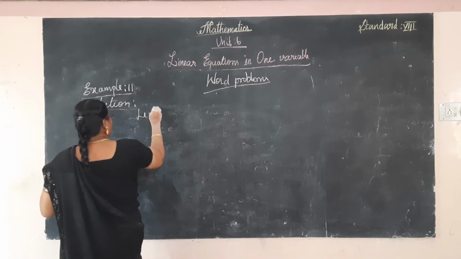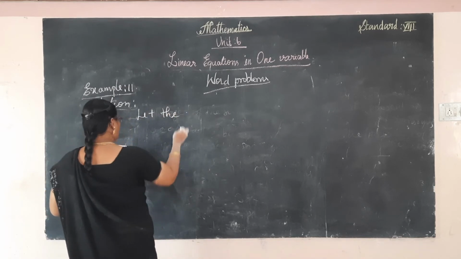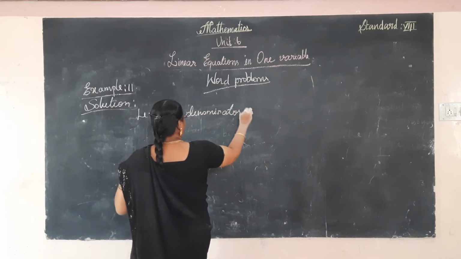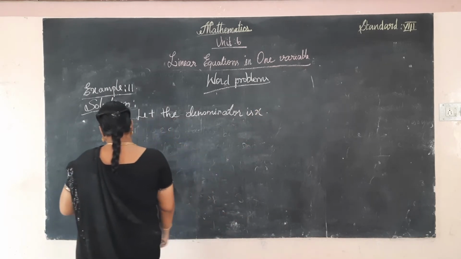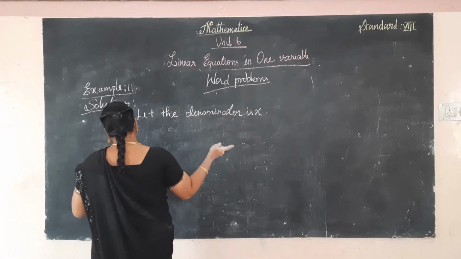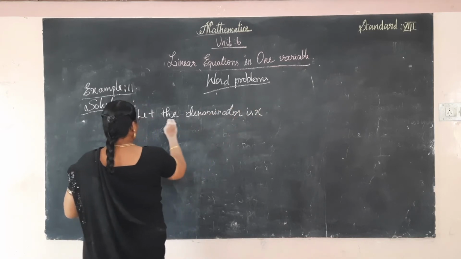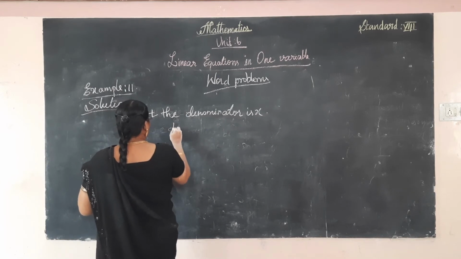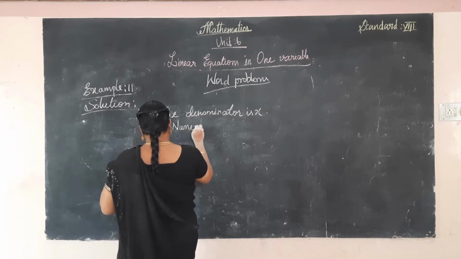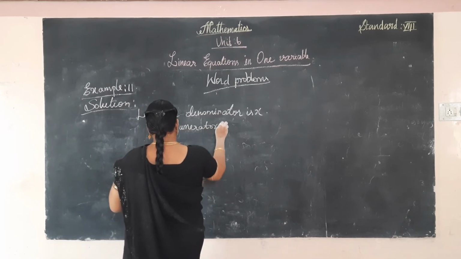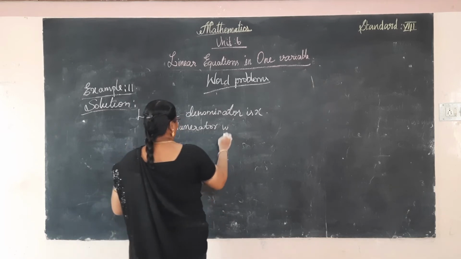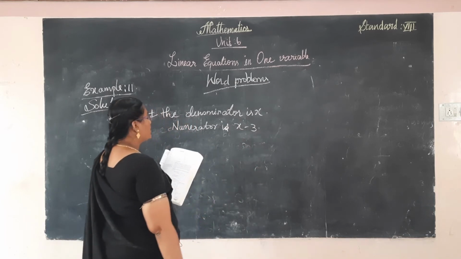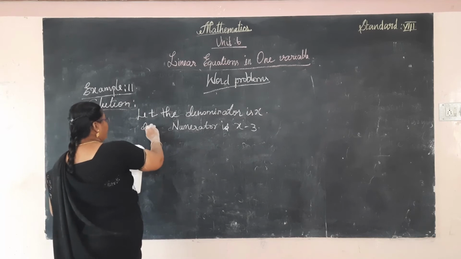Let the denominator be x. The numerator of the fraction is 3 less than the denominator, so the numerator is x minus 3, as given.